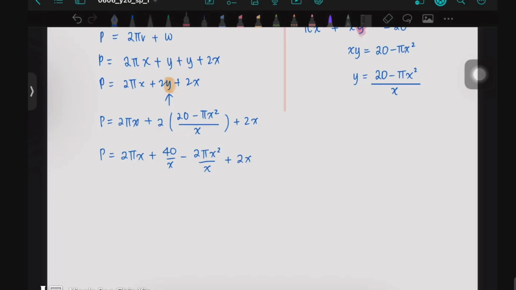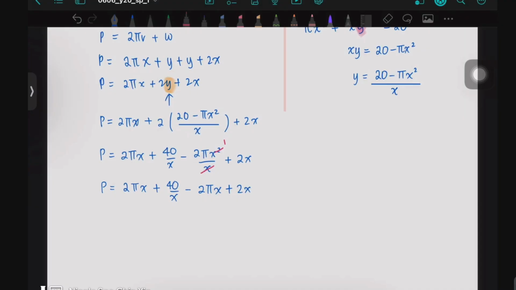Look at my 2 pi x squared over x. When I cancel, it becomes P equals 2 pi x plus 40 over x minus 2 pi x plus 2x.